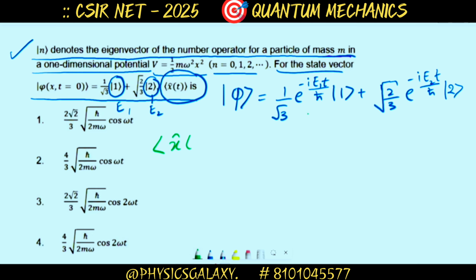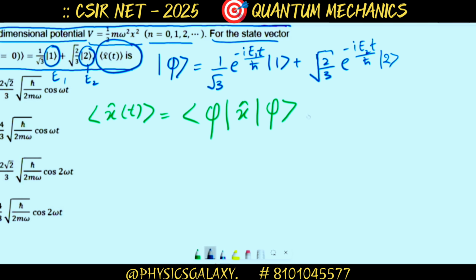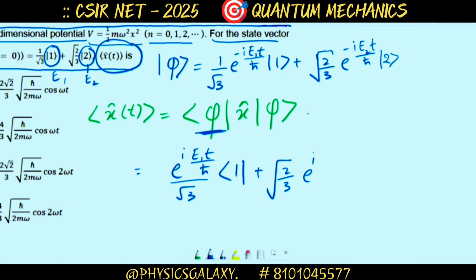So the expectation value of x at any time t is given by, if we use bracket notation, bra phi, x operator, then ket phi. Okay, so we can solve this. First we'll write the bra: it will be simply e to power plus iota E1 t by h cut, 1 by root 3, then <1|, plus root 2 by 3 e to the power iota E2 t by h cut <2|.